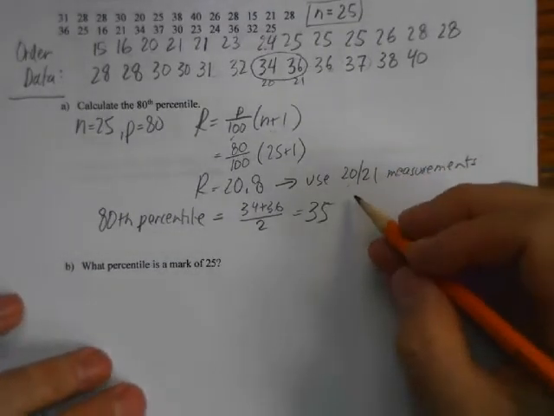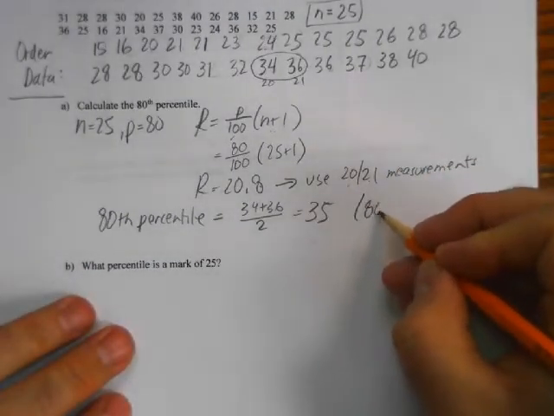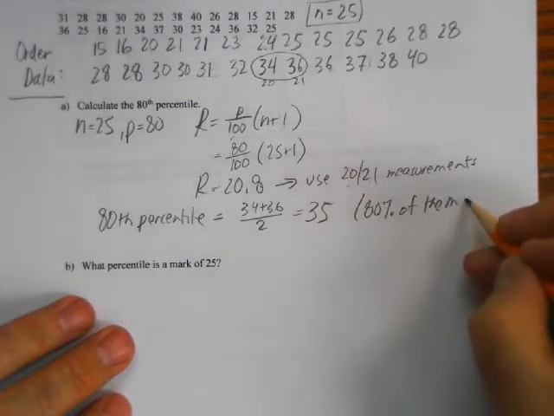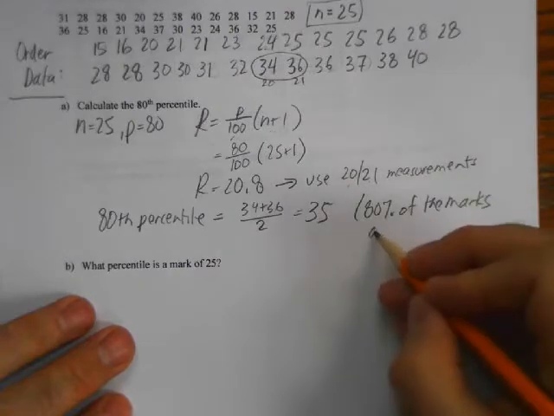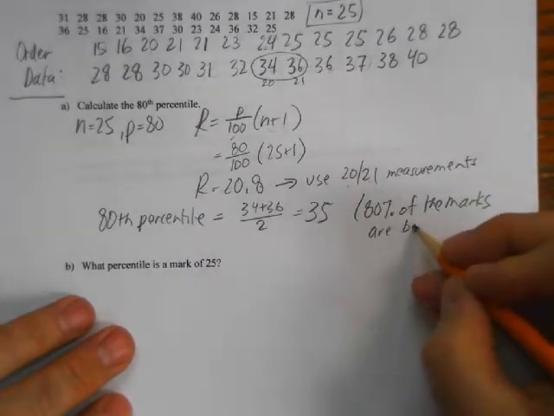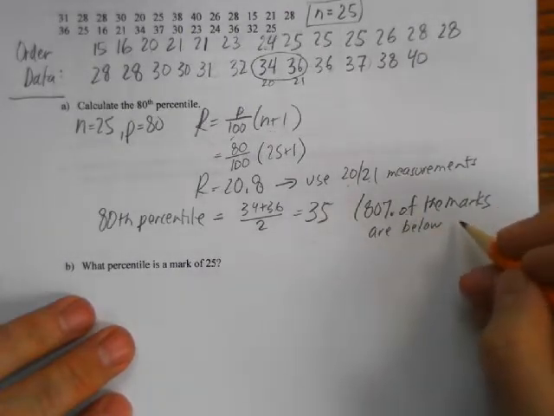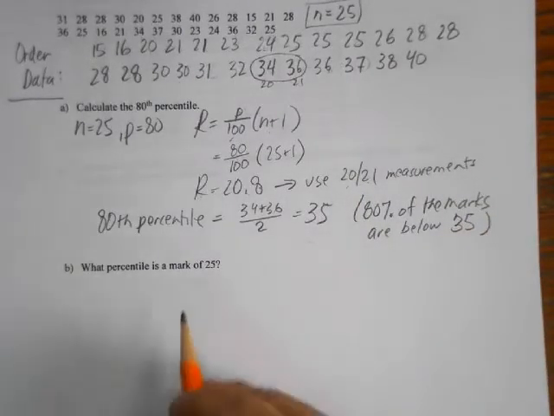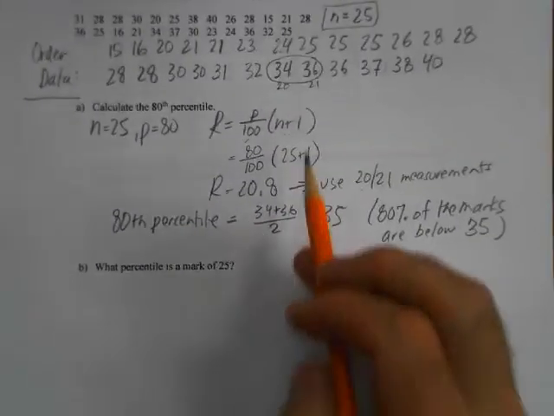So what that means is, like I said earlier, 80% of the marks are below 35. And remember, 35 is not a percent, it's 35 out of 40, so that's a pretty good mark. Okay, so that's how you do that.